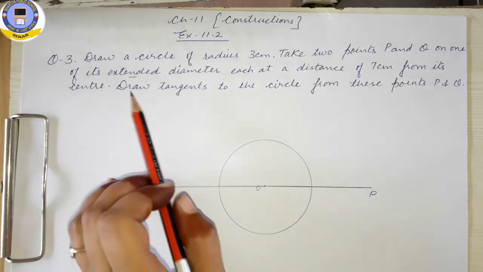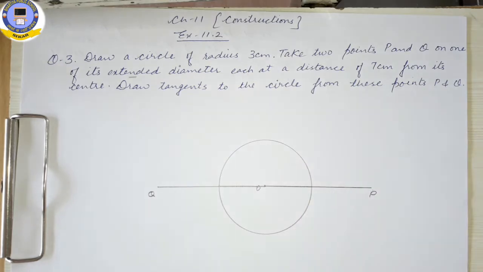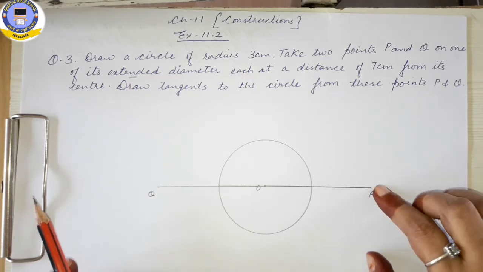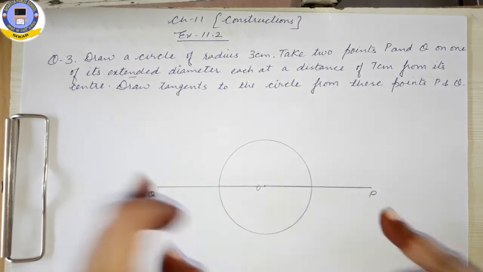Now next step is draw tangents to the circle from these points P and Q. Now from these 2 points P and Q you need to draw tangents to circle. So process is same as question number 1, but in question number 1 we had drawn tangent from one side only, but here in this question you have to draw tangent from both the sides. Process will be same. You have to draw tangent from both the points P and Q.